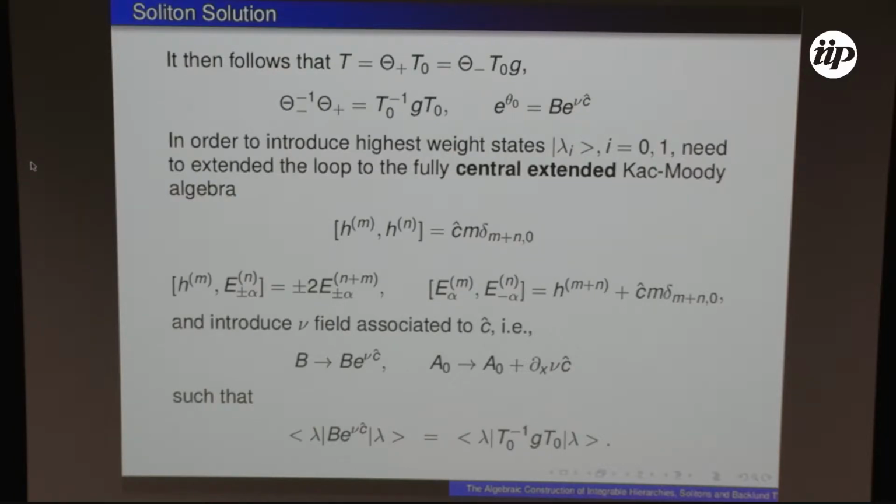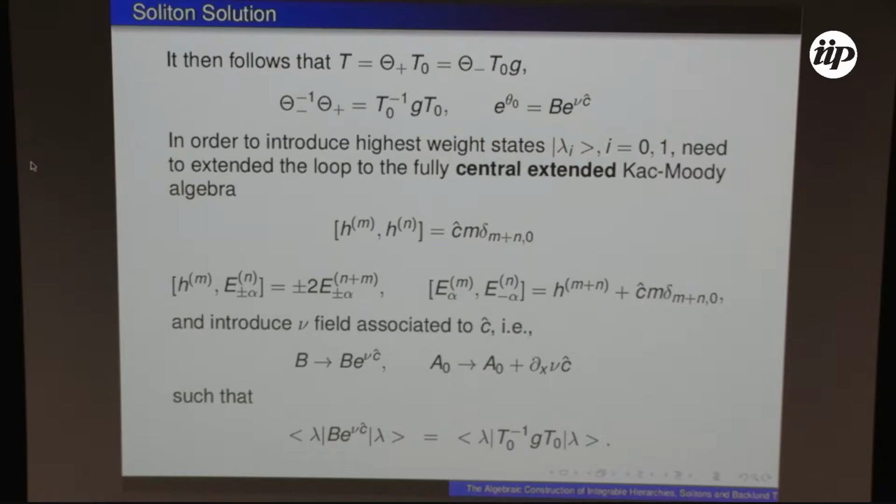So the idea here, since you have a normal ordered structure, is to make a scalar product with the highest weight states, because theta positive grades annihilate highest weight states on the right, and theta minus annihilates highest weight states to the left.